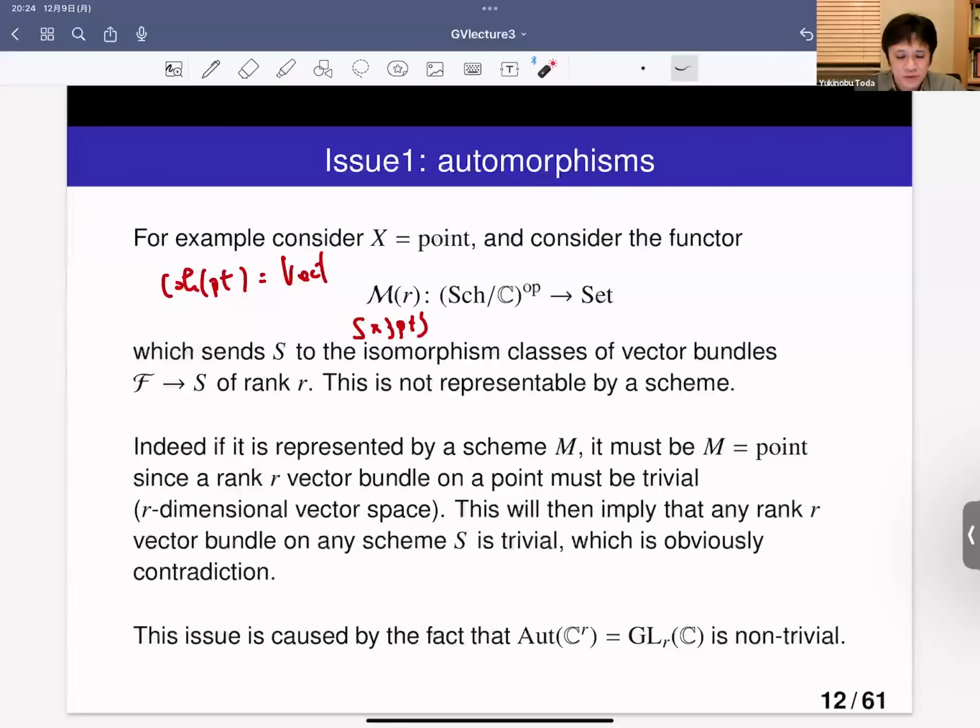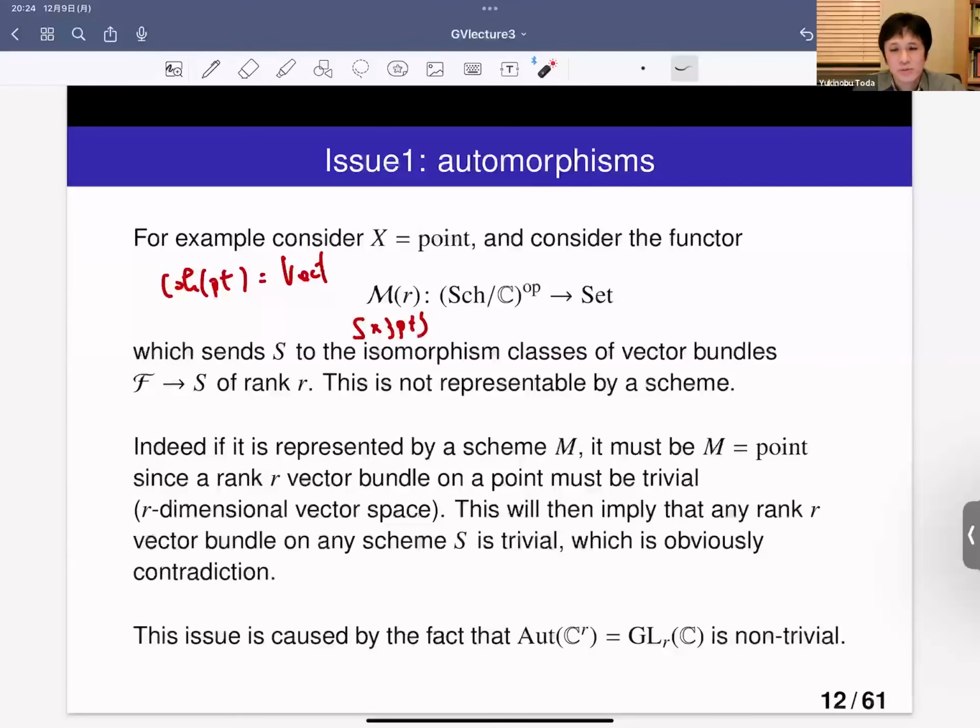So in the case that X is a point, for each scheme S, we consider the set of vector bundles over S. However, it cannot be represented by a scheme.